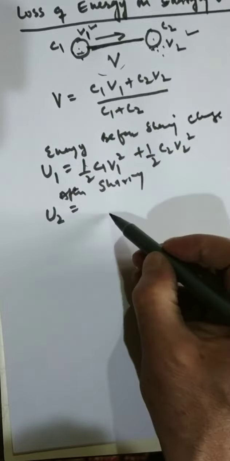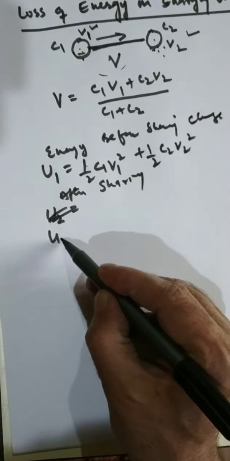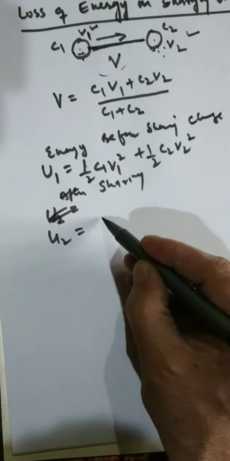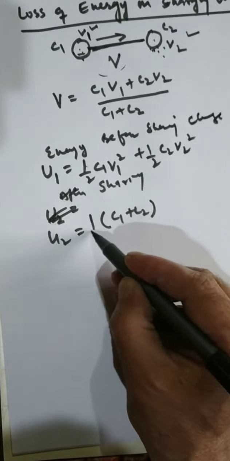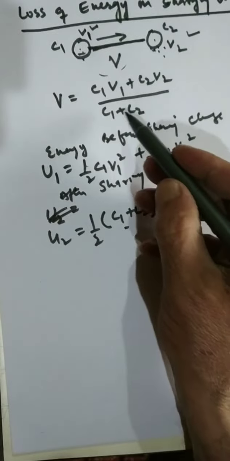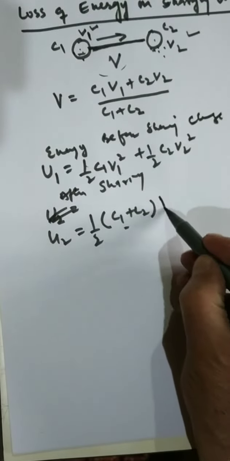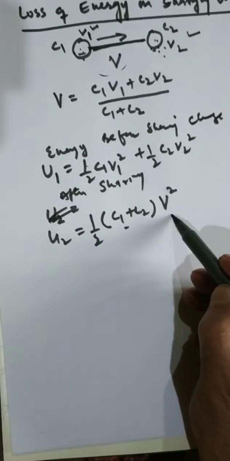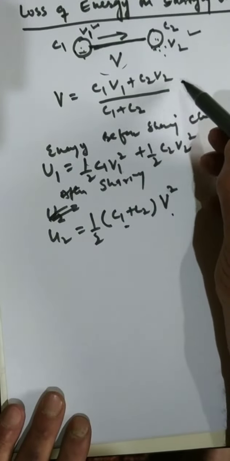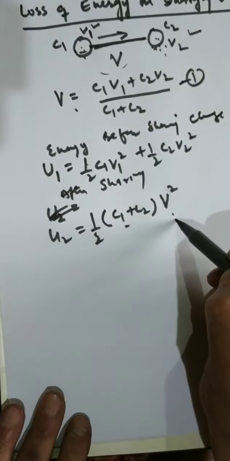तो U2 विल बी इक्वल टू, आप टोटल कैपेसिटेंस है C1 प्लस C2 इंटू 1/2 टोटल कैपेसिटी इंटू पोटेंशियल, जैसे यहाँ पर दैट इज V स्क्वायर, क्योंकि अब कॉमन पोटेंशियल है इस सिस्टम का V. Now we can substitute from equation 1 for V in this equation.